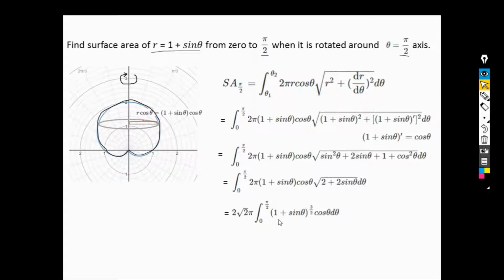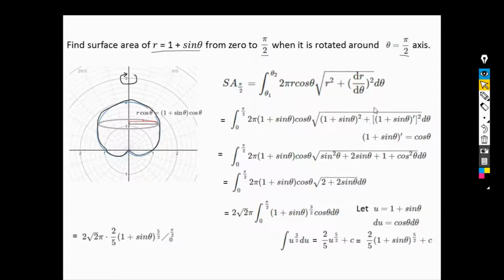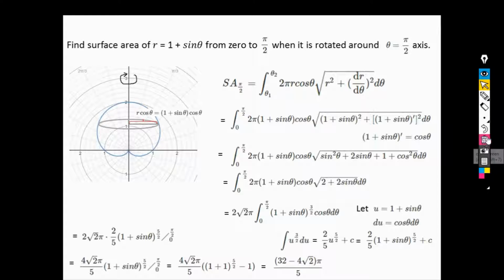So we can simplify this and then make a u substitution, and we get this value with limits from 0 to pi over 2, and we get that value.